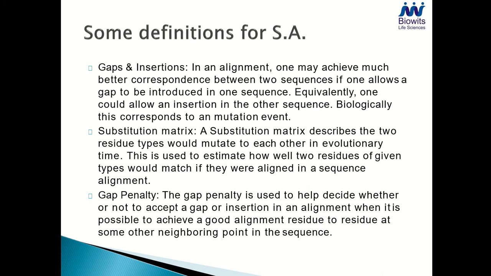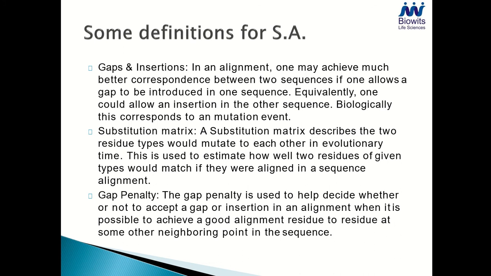Of course, in an alignment, one may achieve much better correspondence between two sequences if one allows a gap to be introduced in one sequence. Equivalently, one could allow an insertion in the other sequence. Biologically, this corresponds to a mutation event.